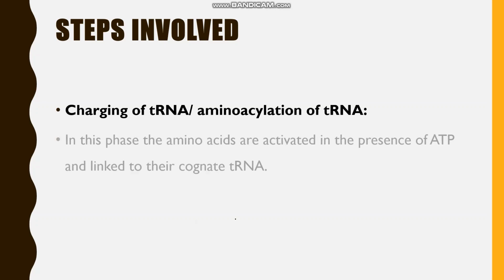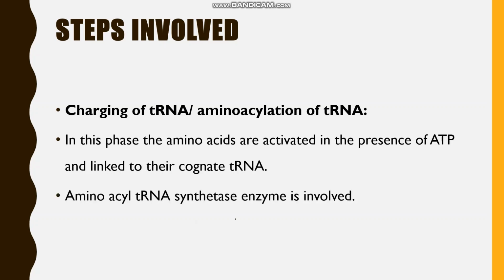In this phase, the amino acids are activated in the presence of ATP and linked to their cognate tRNA. Cognate means the recognizing tRNA. So each amino acid is carried by a specific tRNA, and that is called cognate tRNA. Amino acyl tRNA synthetase enzyme is involved in this process.